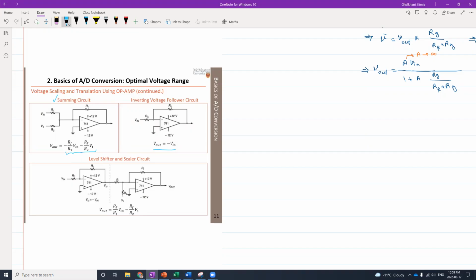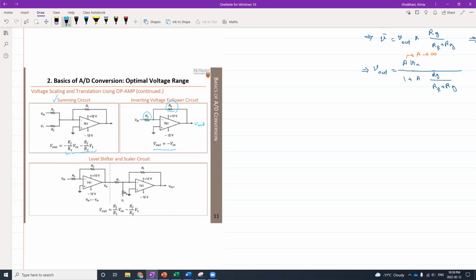That's why we call it the output is following the input, because this is V out, and these are equal, as the name shows. It doesn't amplify the input signal. Also, it has a voltage gain of 1. So you use the same resistor connected to here and here. That's why those two are almost equal.